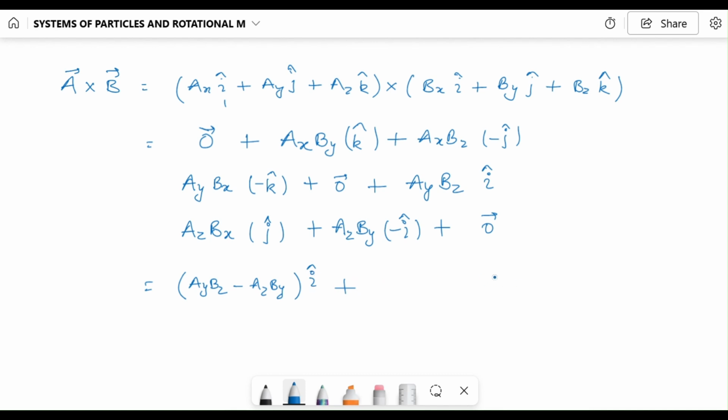Second, let me write for this j cap. So here we have j cap and here also. So we can write j cap here, and then this is az bx minus ax bz. And then what about this k cap? So here we have k cap, ax by, and here ay bx.